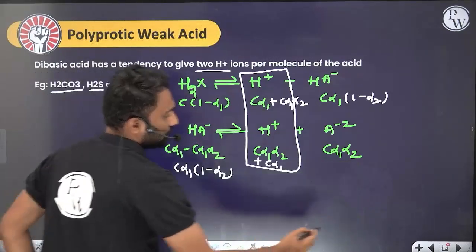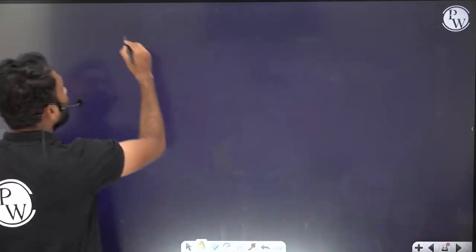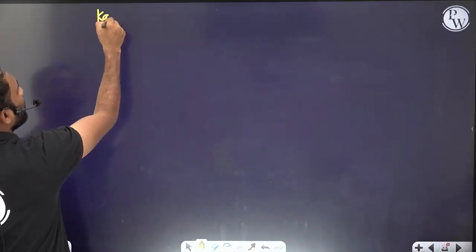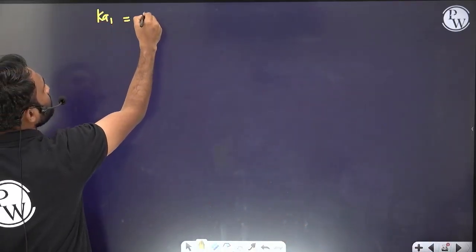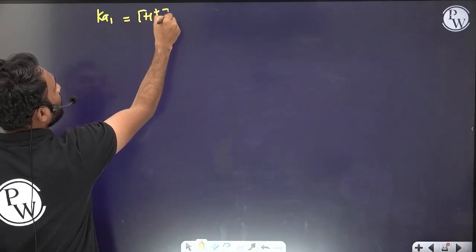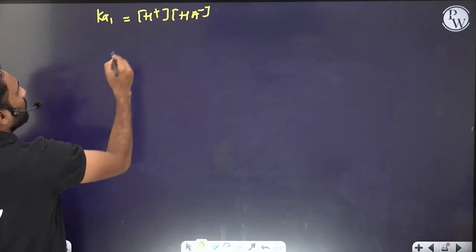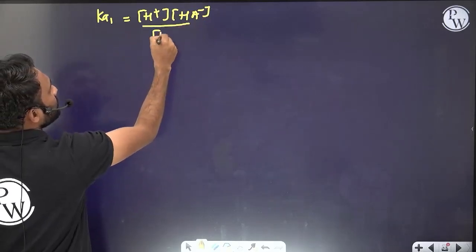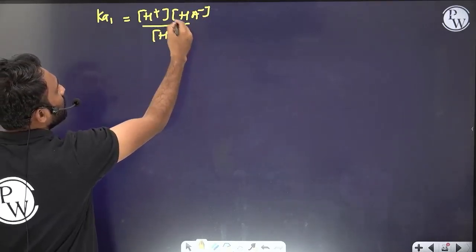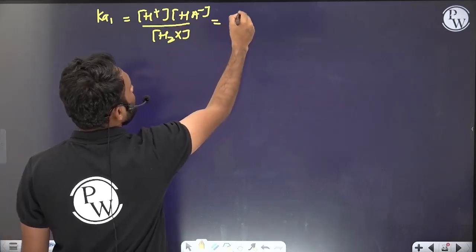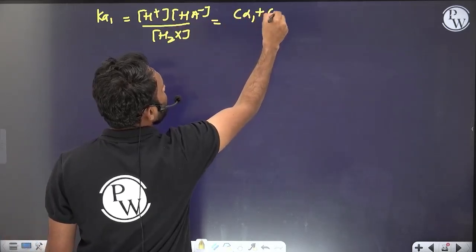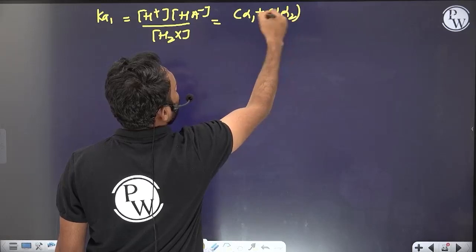Now the first dissociation constant Ka1 is the concentration of H plus times the concentration of HA minus, divided by the concentration of H2A. The concentration of H plus is C alpha 1 plus C alpha 1 alpha 2.